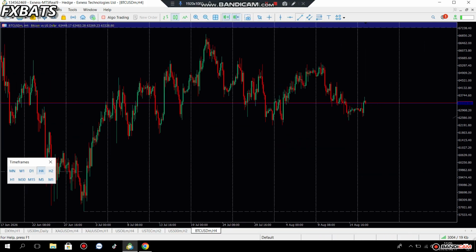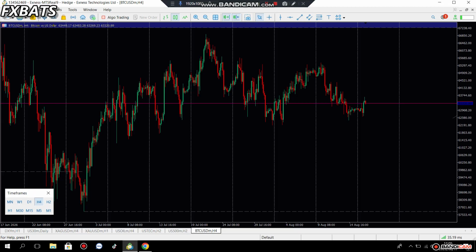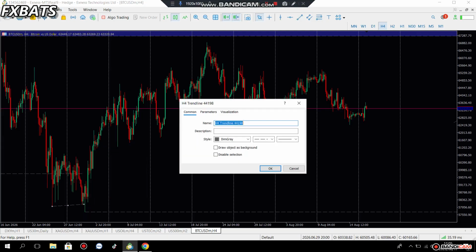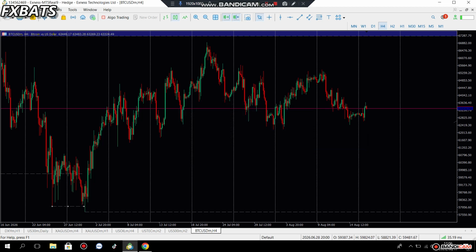This is just a complex pullback. This is a counter trend. A counter trend is trading against what? The main trend, the overall trend. Let's map up the counter trend to see how people would likely be able to buy towards the upside.